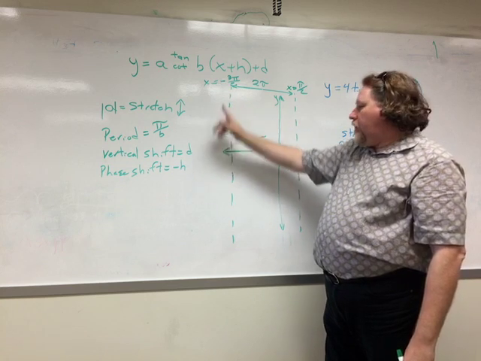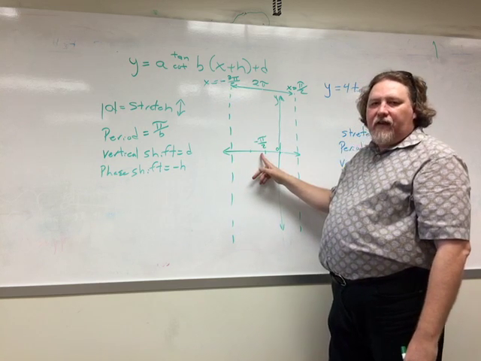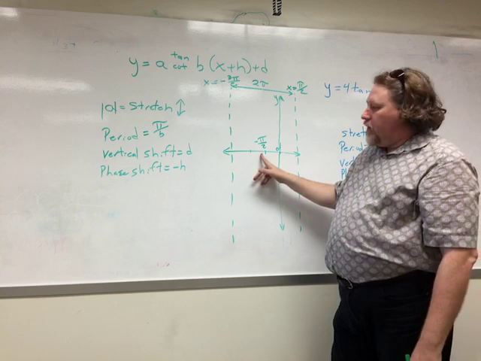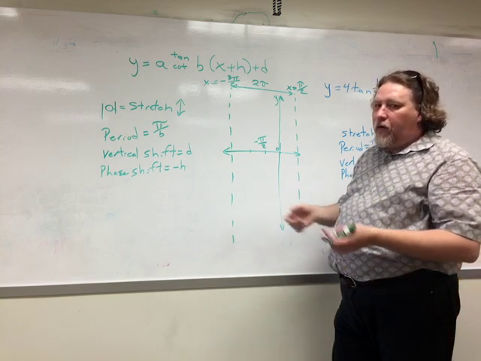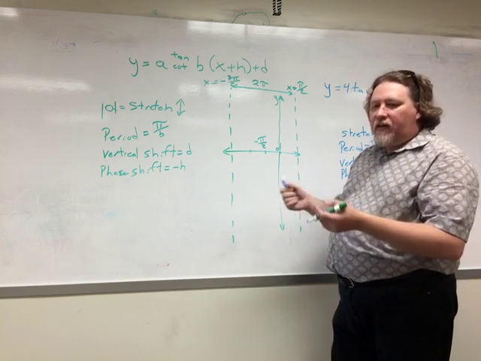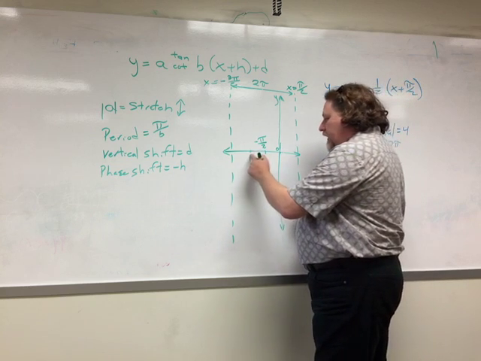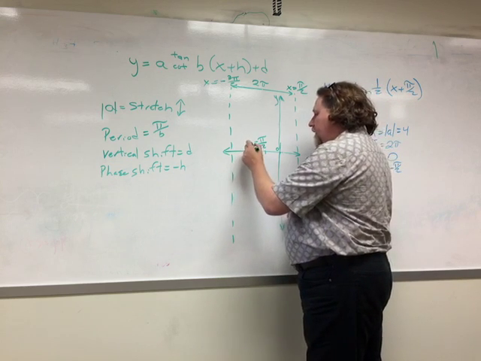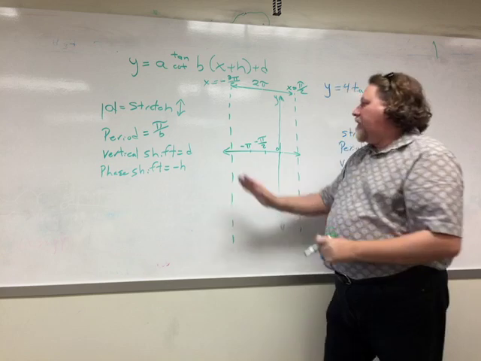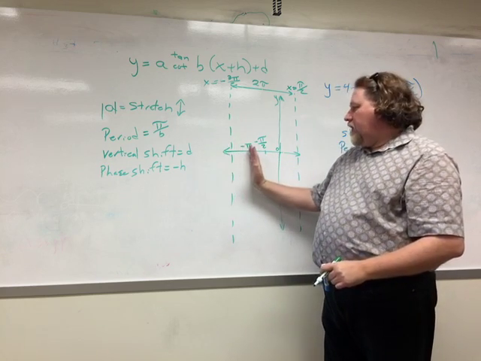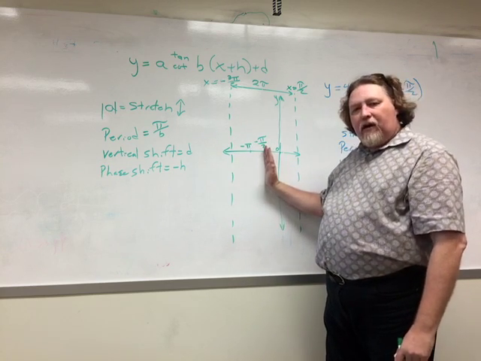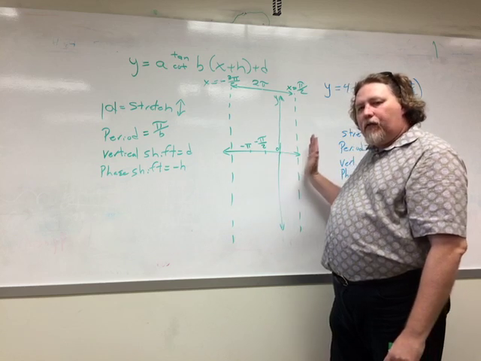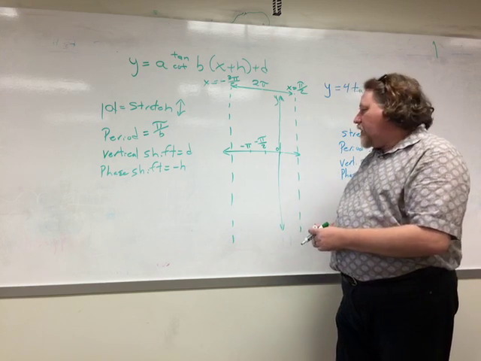Negative 3/2 plus negative 1/2 is negative 4/2. Divide by 2 is negative 4/4, or in other words, negative 1. So this right here is negative 1 pi. So we have negative 3/2, negative 2/2, negative 1/2, 0/2, 1/2. That takes care of my left, right.